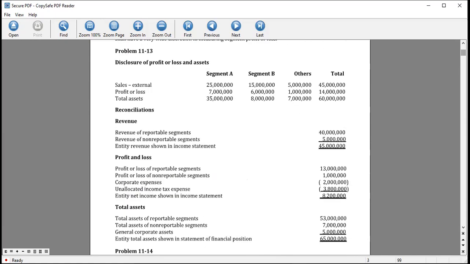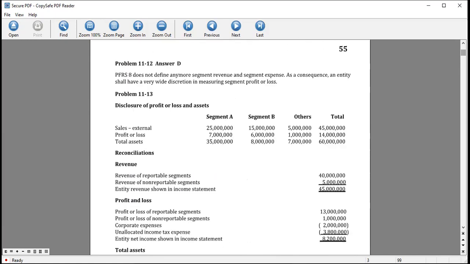All right, so we now go to 13. What does the problem ask for? Prepare the necessary disclosures for diversity company in relation to operating segments. Now we have segment A and B, and we have others. Then we have the figures for sales, segment expenses, and segment assets.